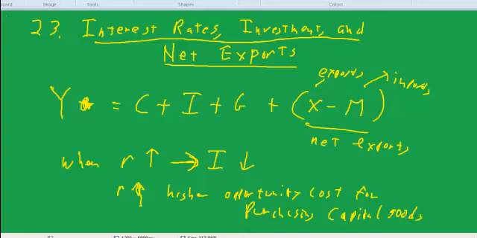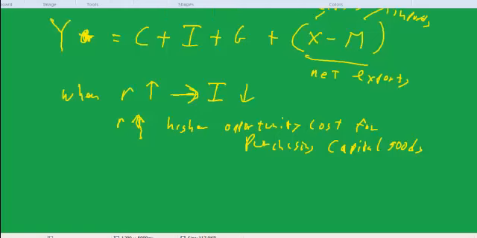So when the interest rate goes up, you either have to borrow more money, or if you're using up savings, and you took your money out of the bank, you'd be giving up more in terms of interest that you could have earned on that savings. So any way you look at it, there's a higher opportunity cost for purchasing capital goods, whether they be buildings or machinery in a business.